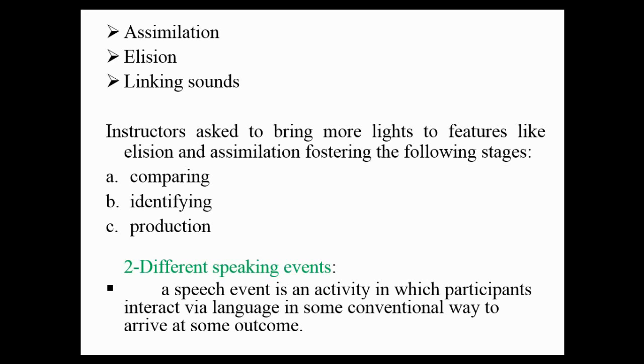This occurs between vowels, as in saying law and order, as the R sound takes place between the two vowels. Instructors are asked to bring more light to features like elision and assimilation, fostering the following stages: comparing, identifying, and production.